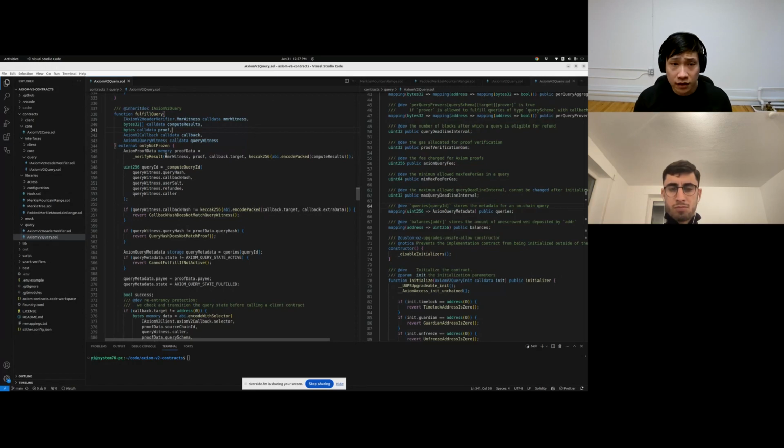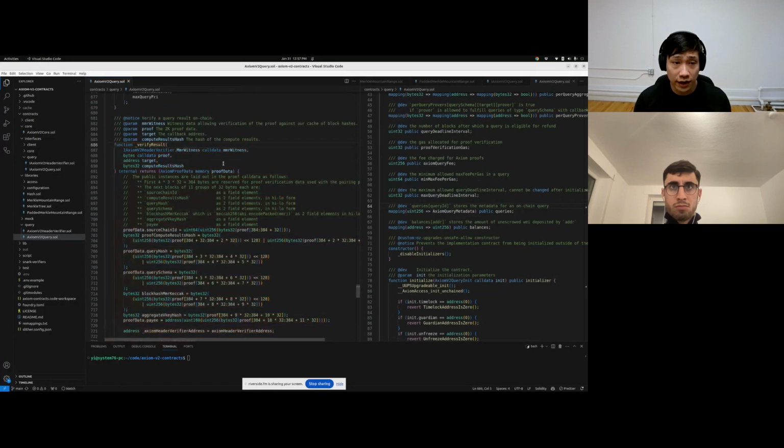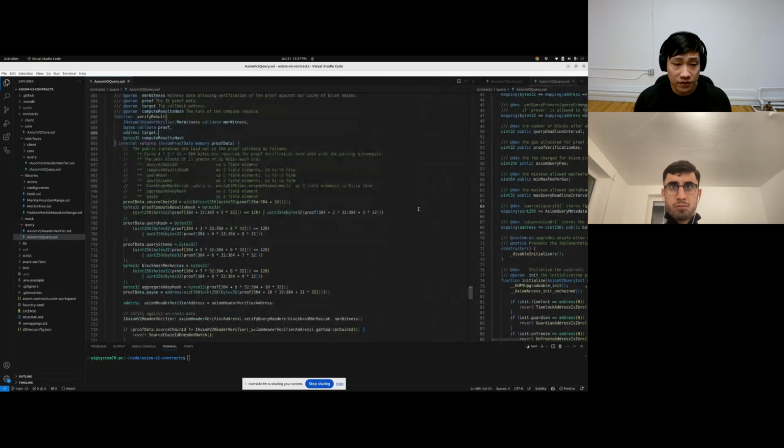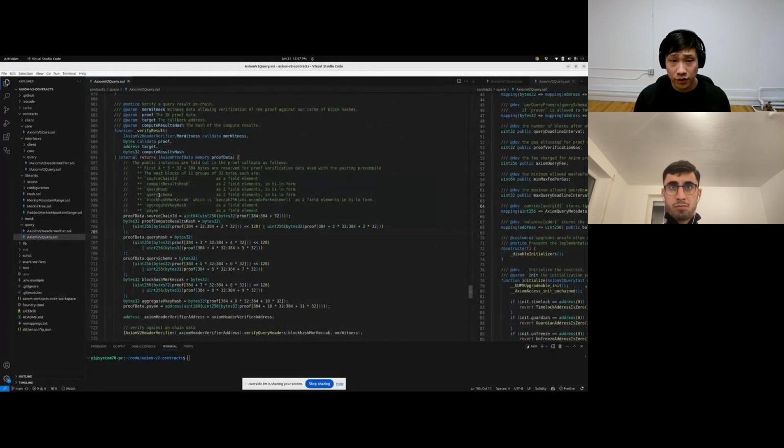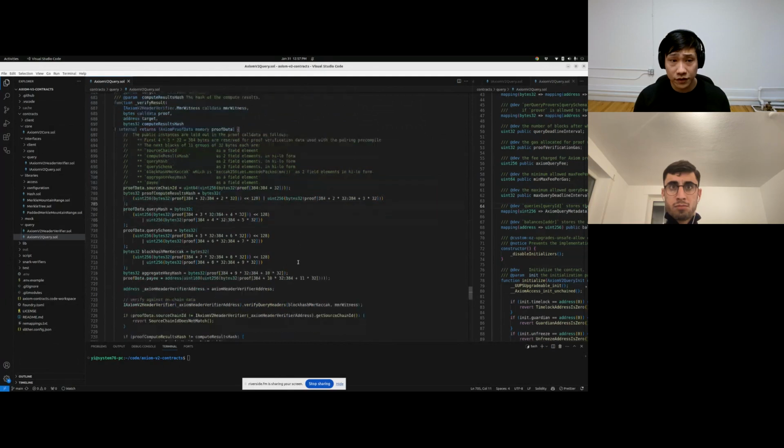Okay, so the first thing we need to do is actually to verify that these compute results are accurate and that the proof attests to them. So we do this in this verify results function. So there's a couple steps here. The first is that we're going to read all of the relevant data from the proof itself.